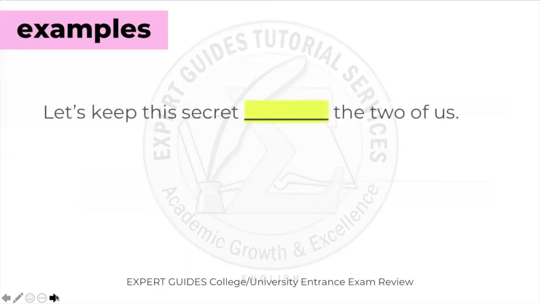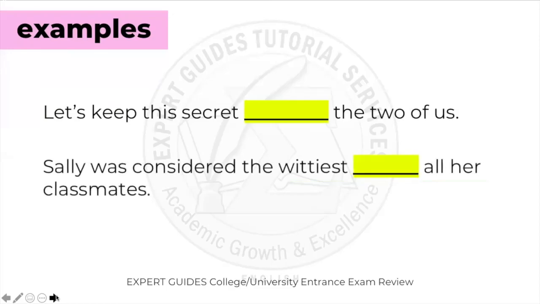Okay, so some examples. Let's keep this secret blank, the two of us. Second example, Sally was considered the wittiest blank all her classmates. I want you to think about the answers. I'll give you time to do so.